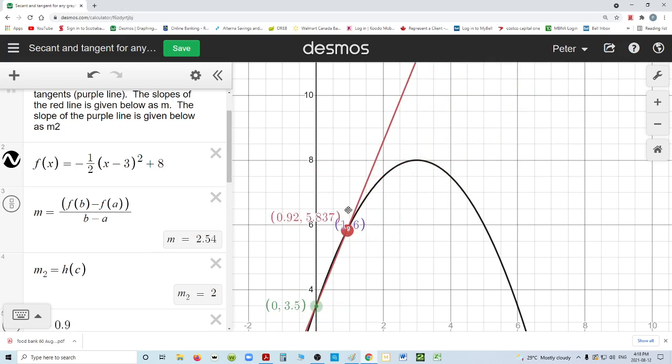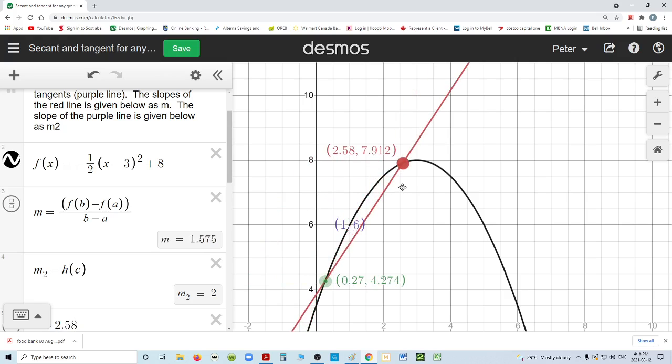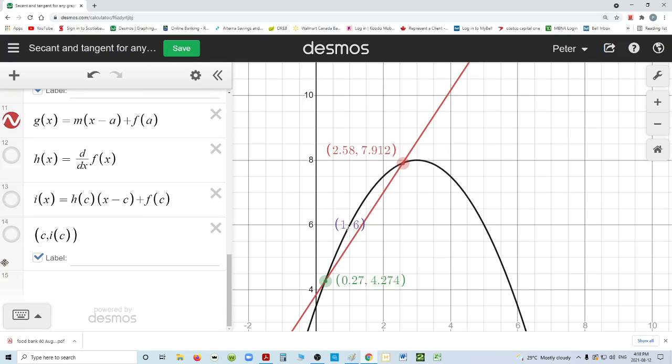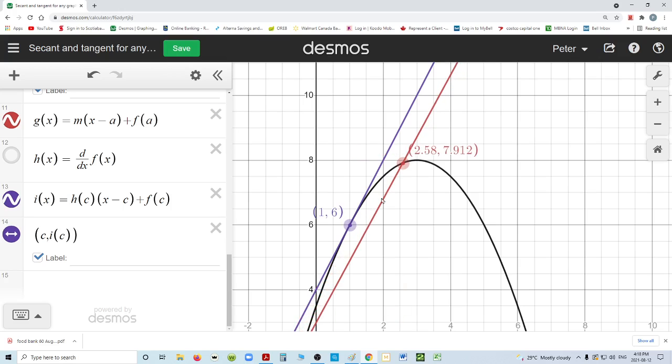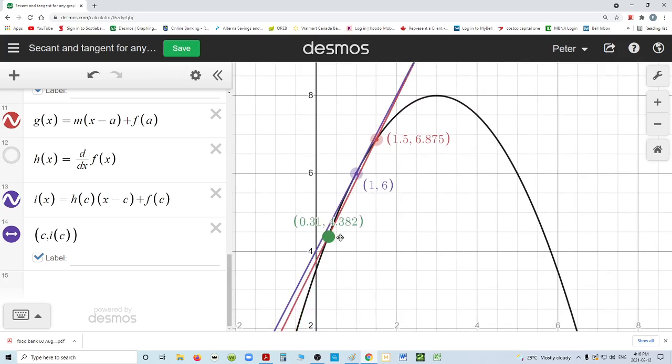And as we get closer and closer to our point of interest, the slope of our secant line, which is the line between 2 points, will approach the actual slope of the tangent line. Right there. So it'll get closer and closer to the actual purple line as I bring the 2 dots closer.